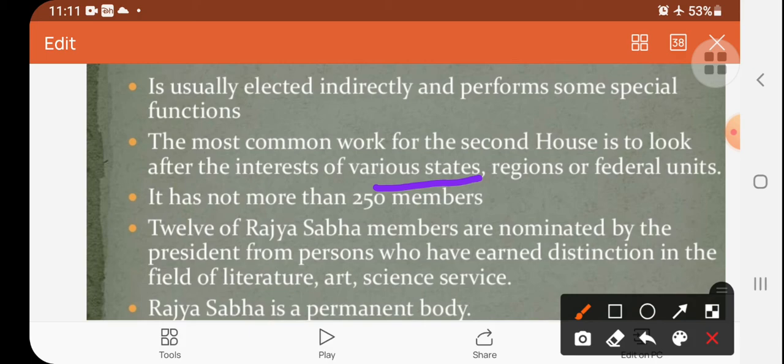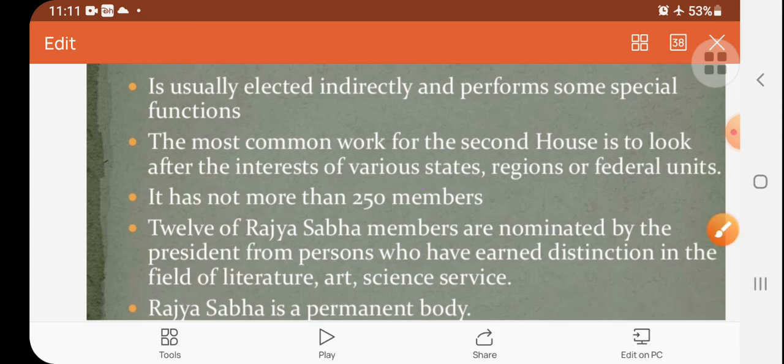12 of the Rajya Sabha members are nominated by the President of India from persons who have earned distinction in the field of literature, art, science and services. So these 12 members are part of Rajya Sabha.